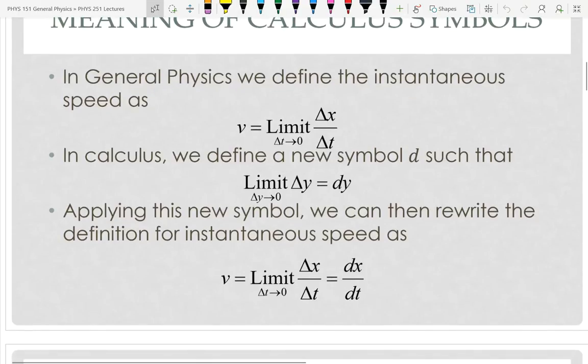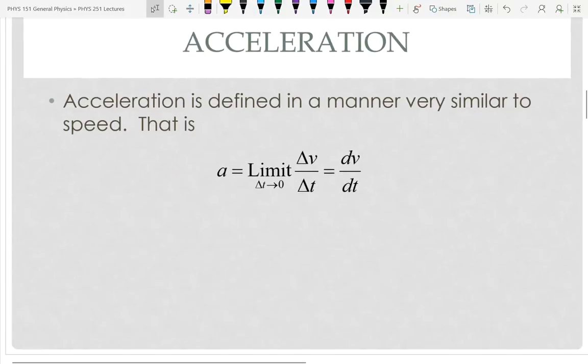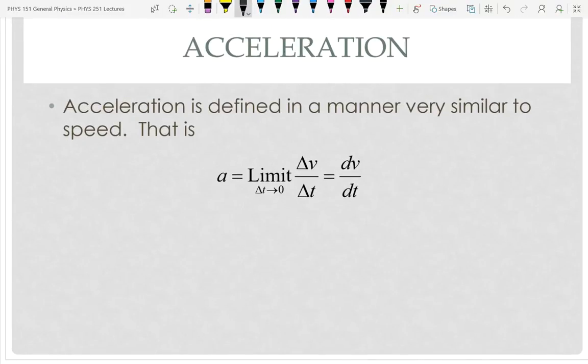So that means we can write the velocity as the derivative of position with respect to time. And similarly, acceleration is the limit as time approaches zero of delta v over delta t, or in other words, the derivative of velocity with respect to time.